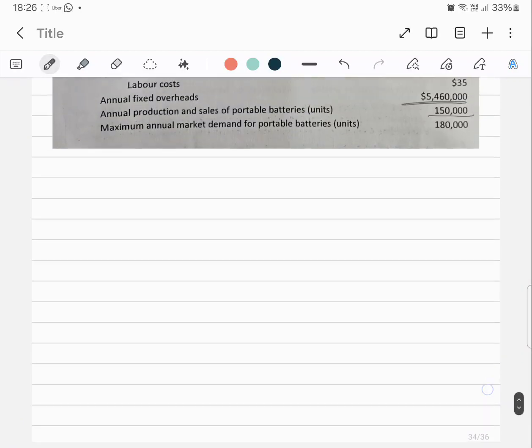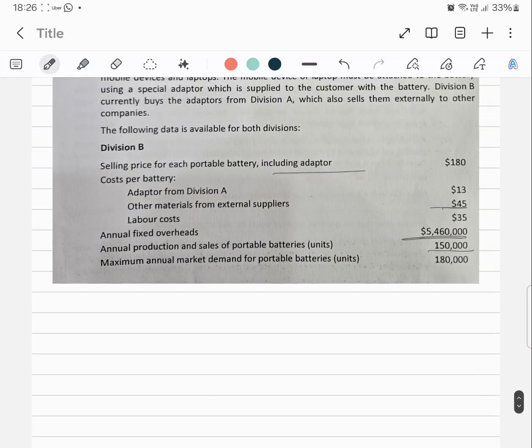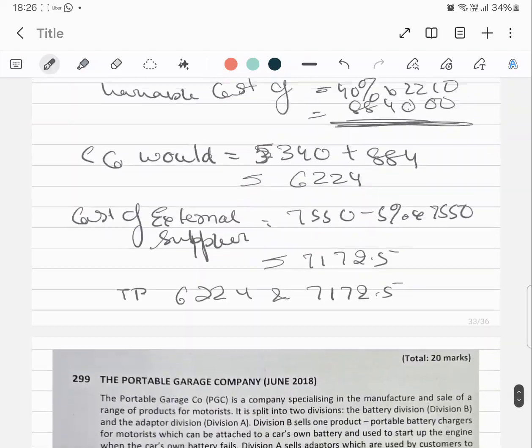As per this, I can see that the maximum annual market demand is 1,80,000, right? So if I read, what is it asking?